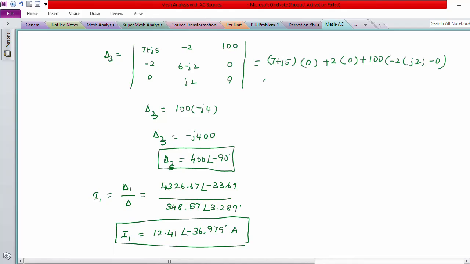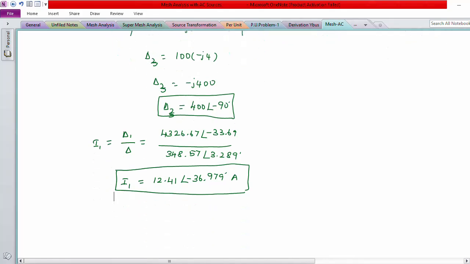So this is the value for I1. Similarly, I2 equals delta 2 divided by delta. Delta 2 value is 1264.91 at an angle minus 18.43 divided by the delta value, 348.57 at an angle 3.289.